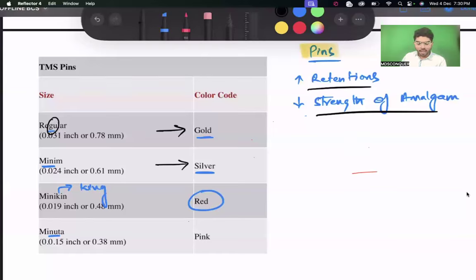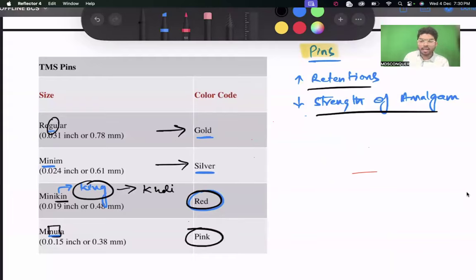Regularly we wear gold. The second one is mini kin. K for king, king for Kohli. Which team does Kohli belong to? Yes, RCB, red. Nut, you can remember, is pink in color. Okay, so this is very important.